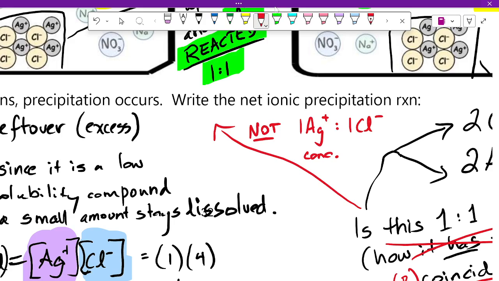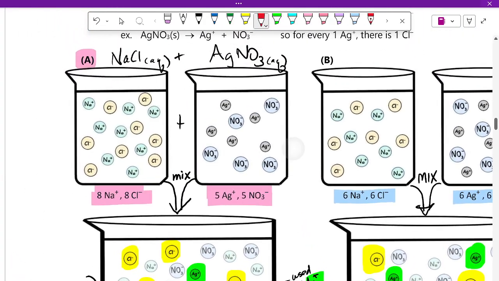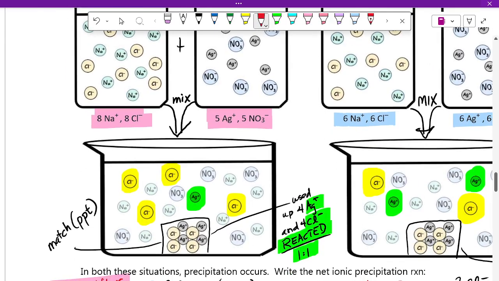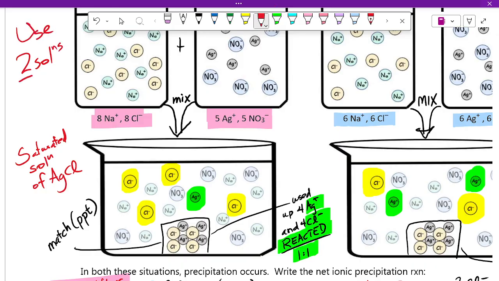Okay, all of this just goes to show that if you use two solutions to make your saturated solution of silver chloride, the concentration of the ions will not be proportional to the coefficients.